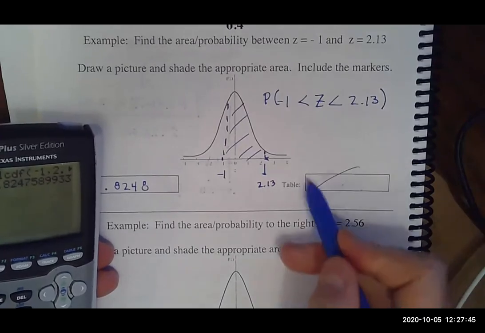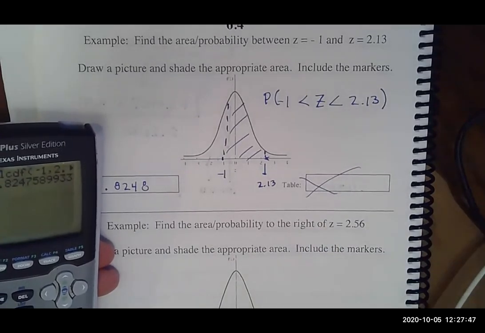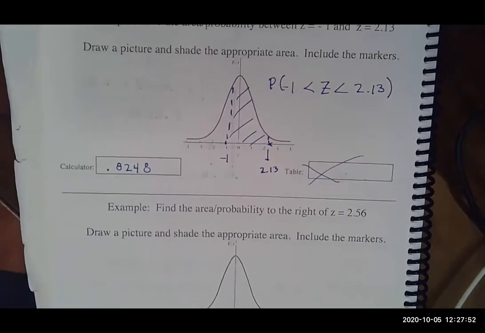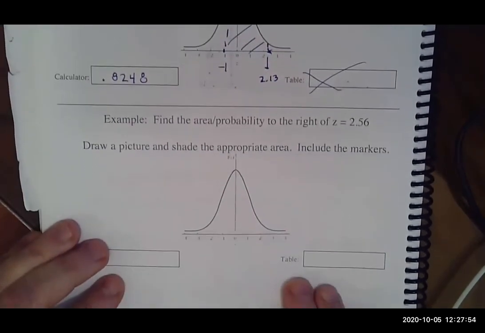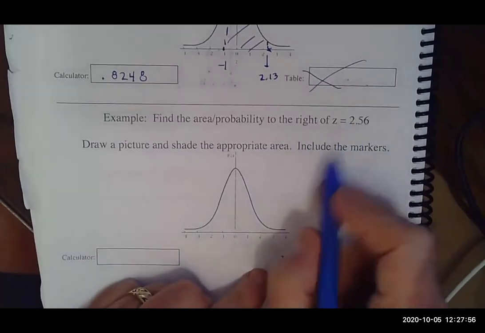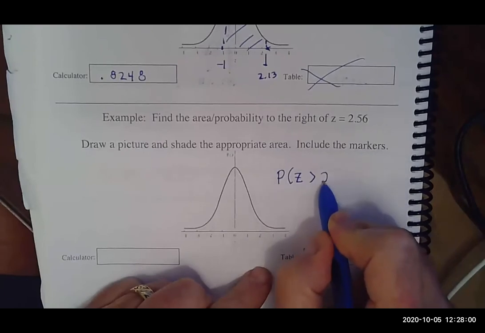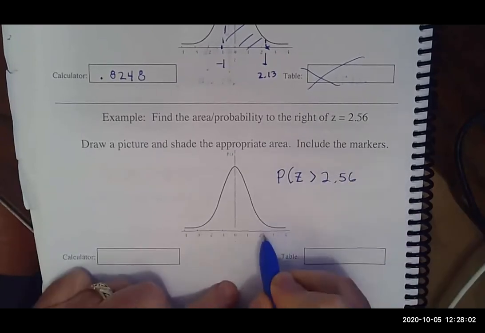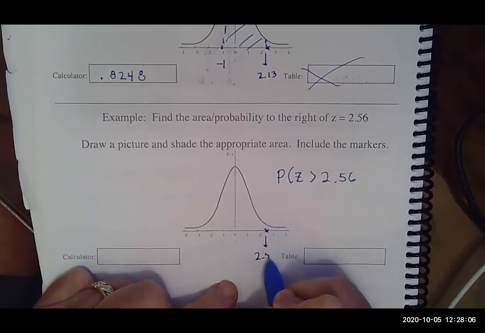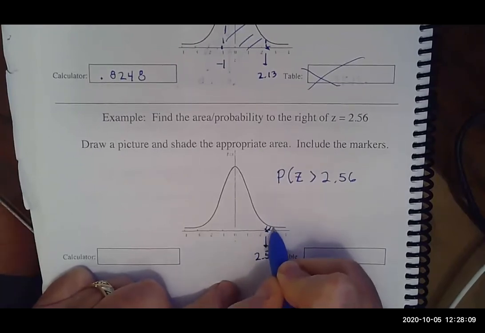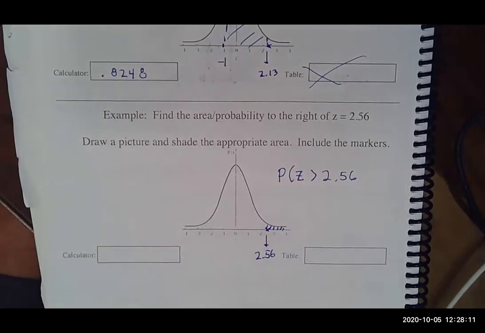Yeah, no table, no table. Okay, probability that the z-score is to the right of 2.56. 2.56 is right there-ish. Yeah, the answer to that's not very much.